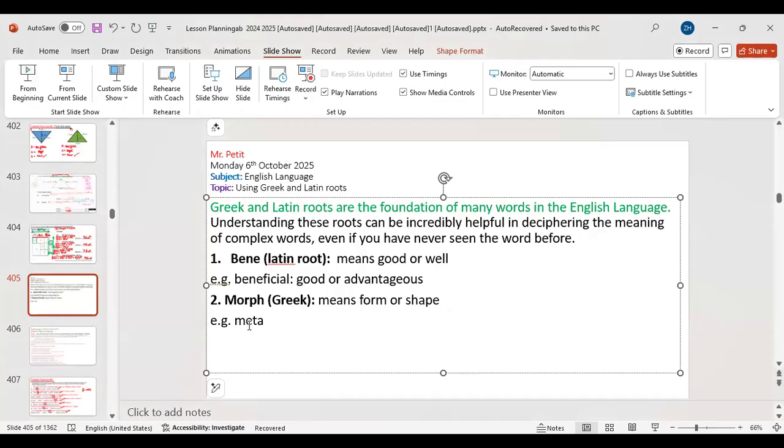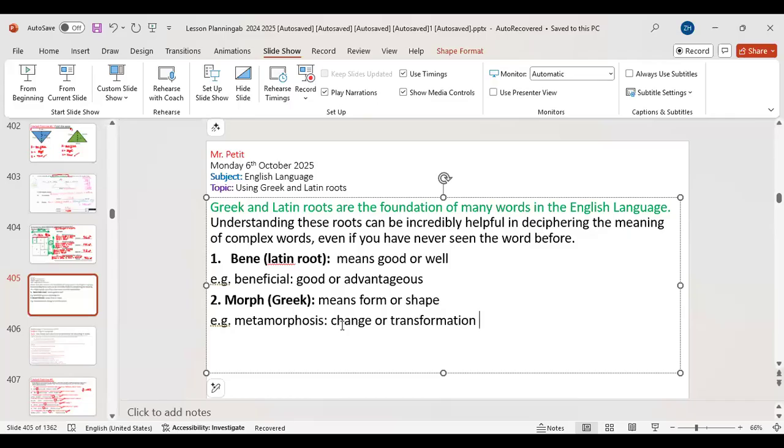What does metamorphosis mean? You all know what metamorphosis is? It's a change. A change from one state to another. Very good. Butterflies go through this, right?